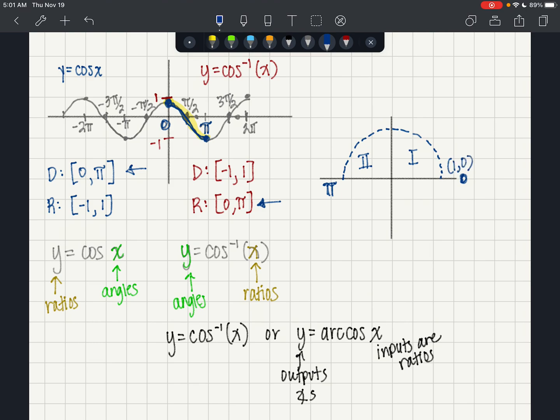Remember, this ordered pair is 1, 0. This ordered pair is negative 1, 0. Cosine is your x value. So you're going to get all of the outputs from negative 1 to positive 1 for your cosine function. Therefore, all of those outputs become inputs into the inverse function, giving us angles in quadrants 1 and 2.